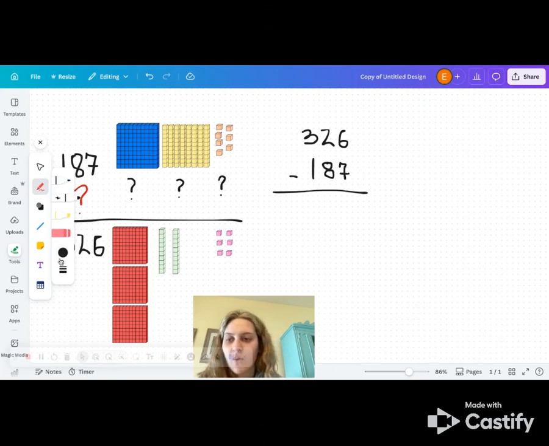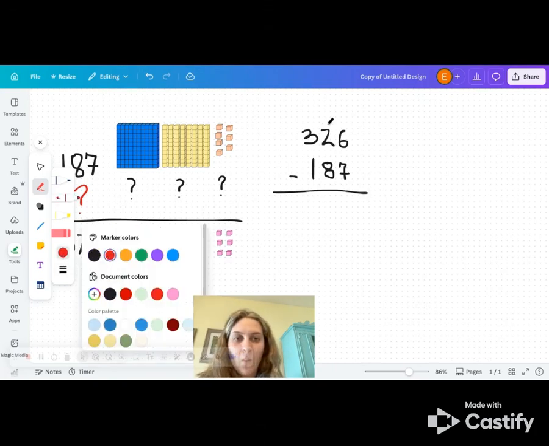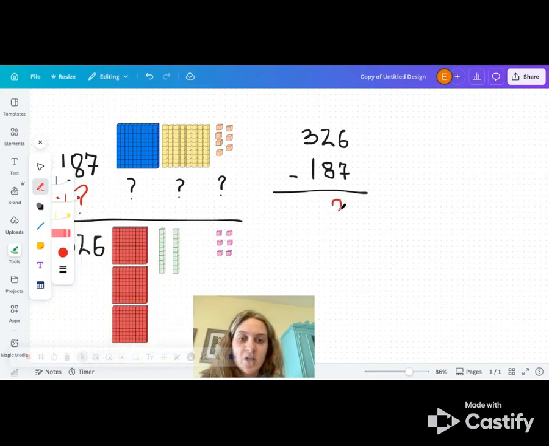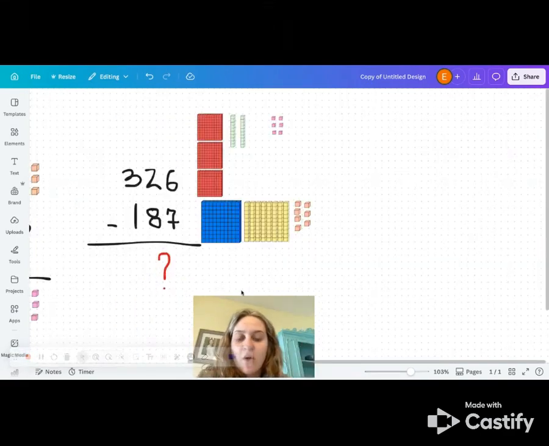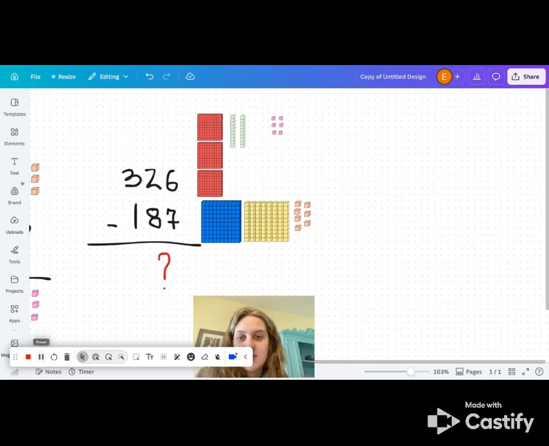So we are looking for, once we subtract 187 from 326, we will get the change unknown, which is the question mark that is over here in this problem. So over here, I have a new representation of the same problem.